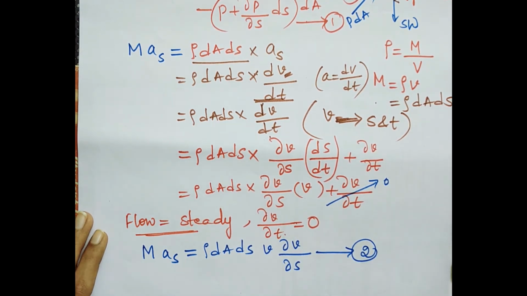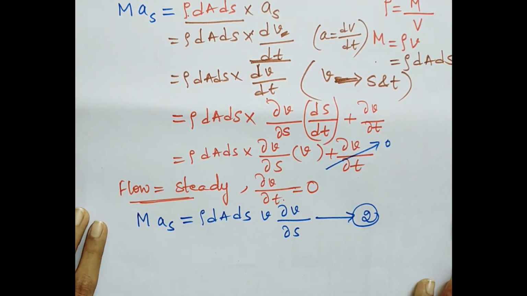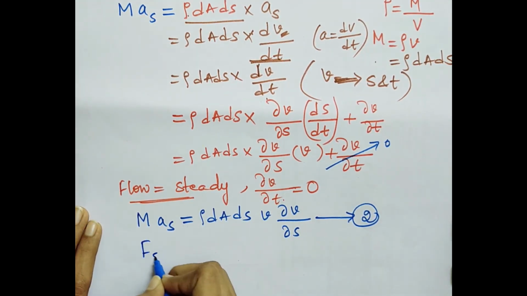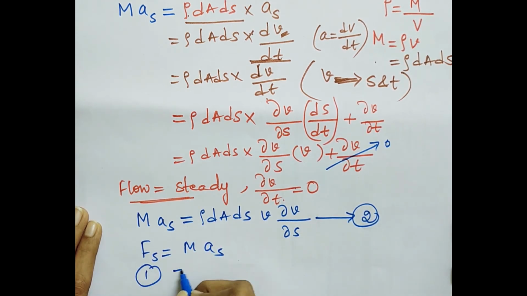Now we'll consider Newton's second law of motion, that is Fs is equal to m into aS. So equation number 1 is equal to equation number 2.